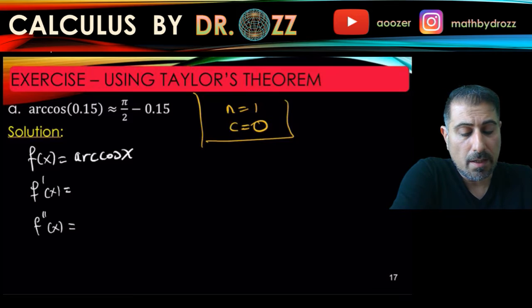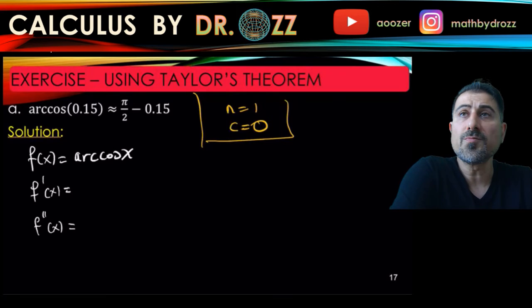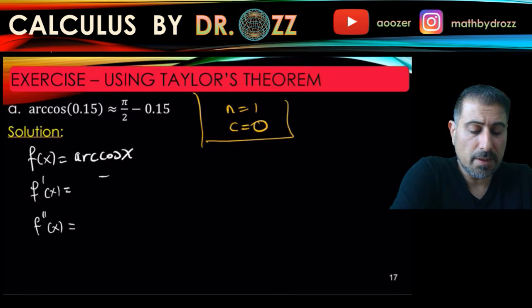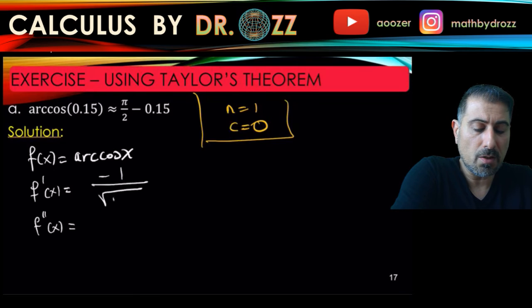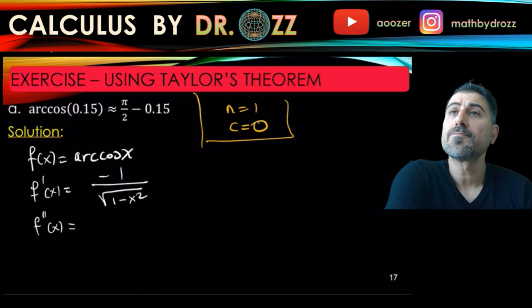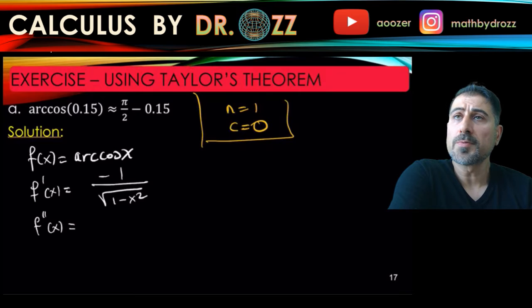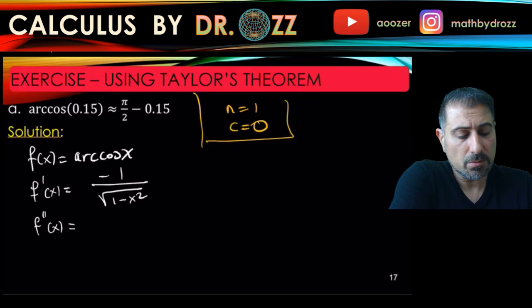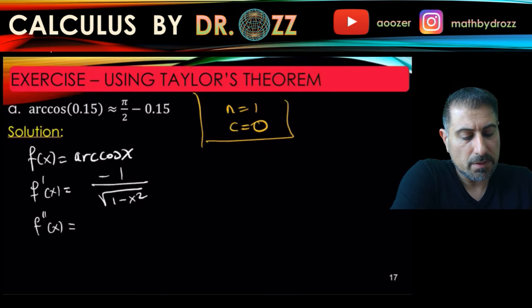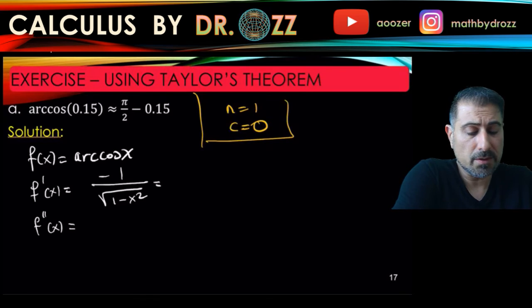For P1, I don't need f double prime, but for R1, I do. Using the differentiation formula, f prime is minus 1 over the square root of 1 minus x squared. For finding f double prime, you need the quotient rule. In fact, if you want to avoid the quotient rule, write this term as 1 minus x squared to the power of -1/2.